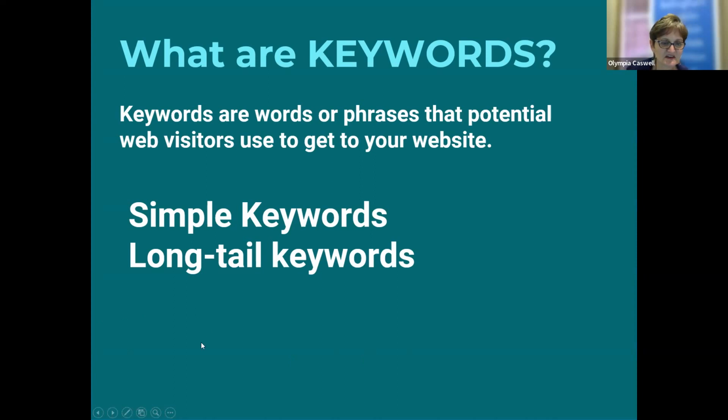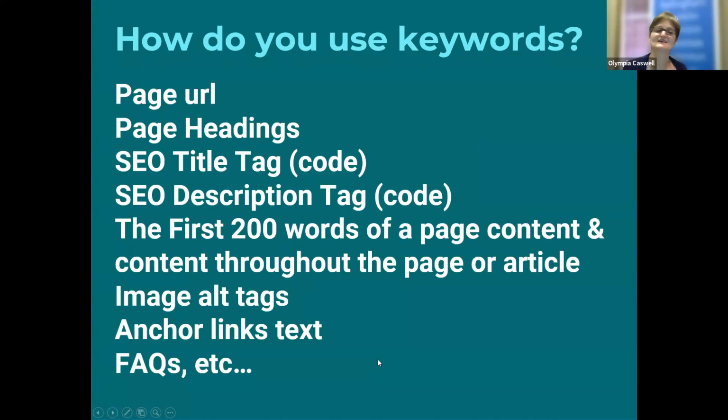Okay, here it is. So how do we use keywords once we figure out what they are? They're used in page links at the top of the page, in the headings of the page, in code like SEO title tags and descriptions.